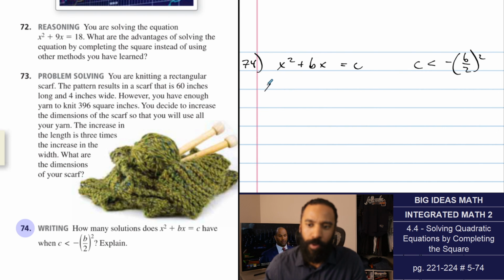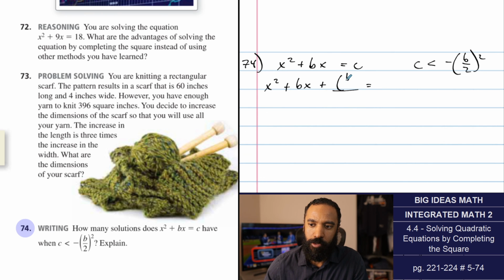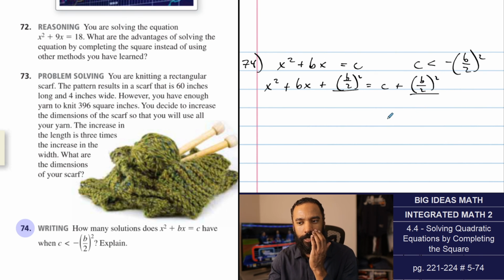You have to remember that when I complete the square here, x squared plus bx plus this thing, this becomes b over 2 squared. So what if you have that, and on this side you have b over 2 squared that you have to add to both sides to complete the square?